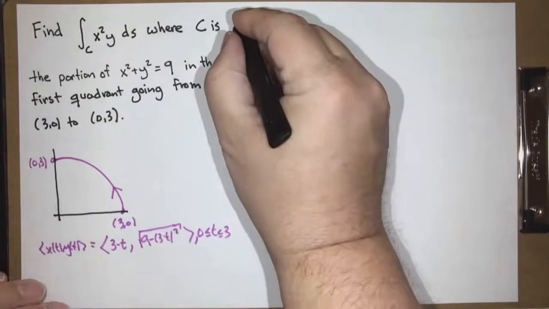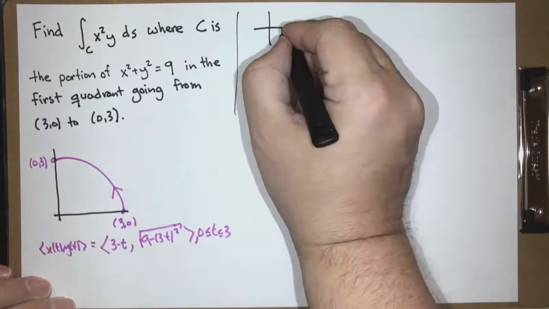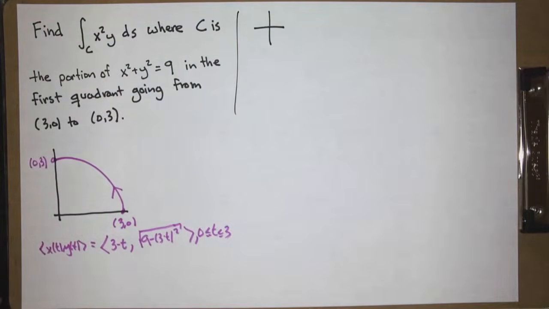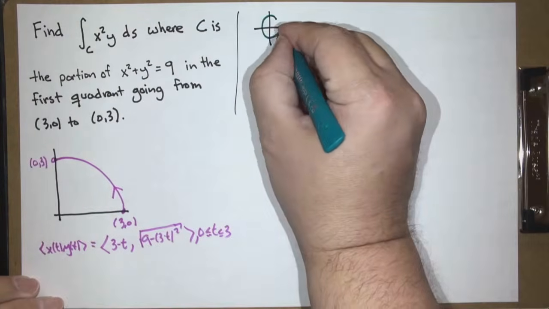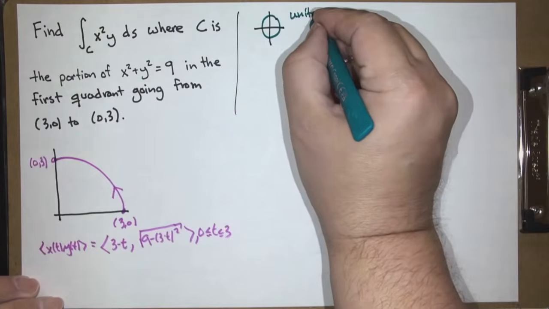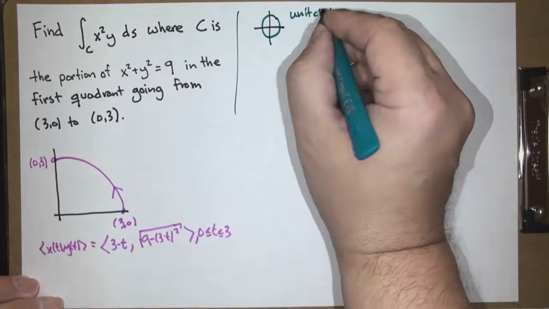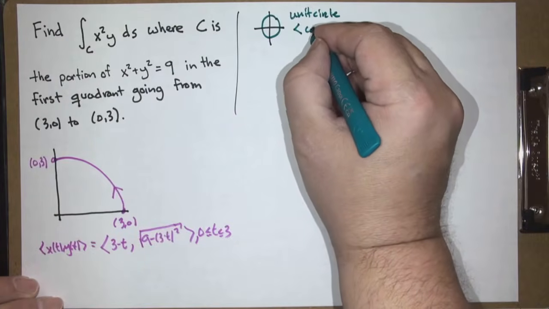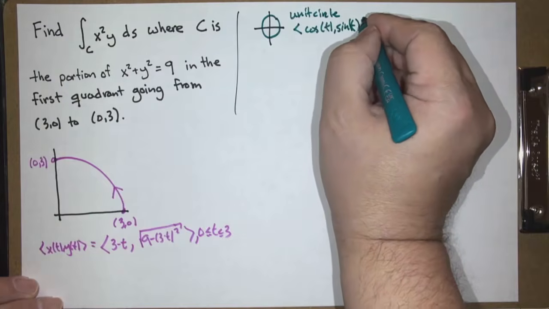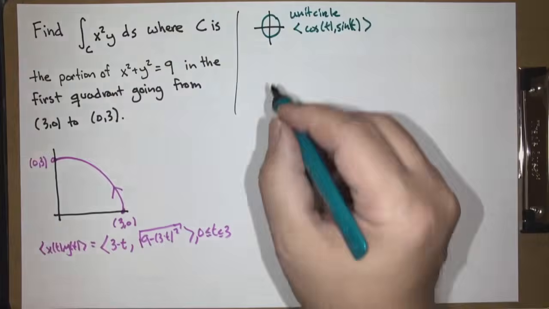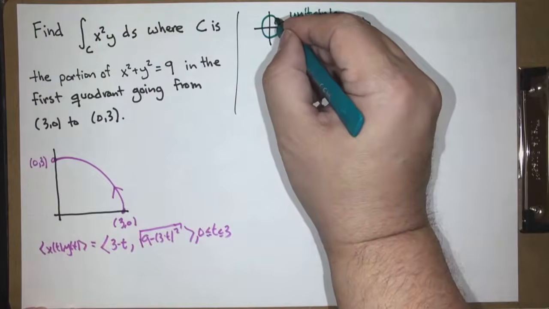So we'll do a little side note here. For the unit circle, so here's our unit circle, the cleanest way to parameterize it is cosine t, sine t, and then you just let t be whatever you need to grab the part of the circle you want.